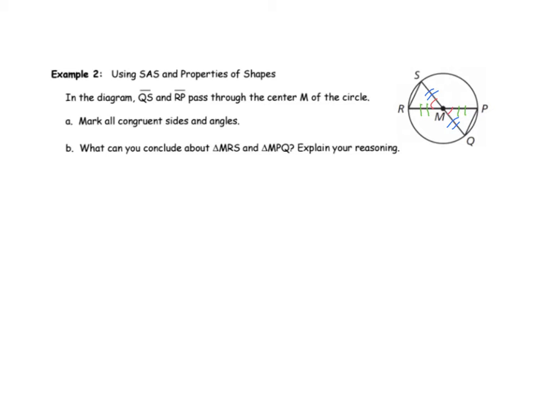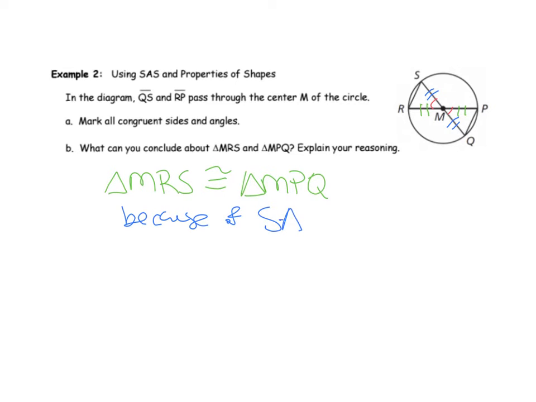So what can we conclude about triangle MRS, just this triangle here, and triangle MPQ? Hopefully you see that what we conclude is that triangle MRS is congruent to triangle MPQ because of side, angle, side.